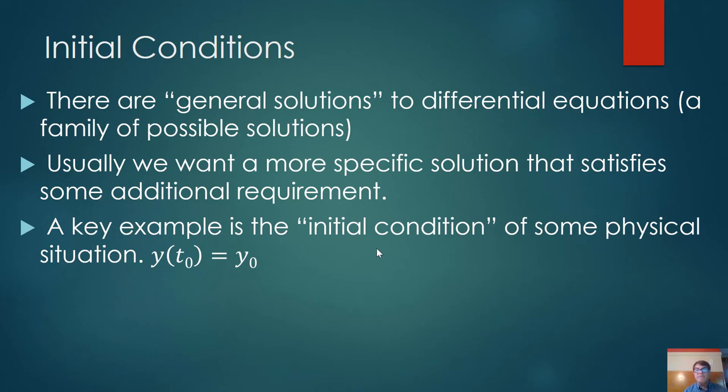Let's say you're doing some physical situation like population growth, or the motion of something, and you want to know the initial condition, where y of t sub aught equals y sub aught. Aught is a fancy name for 0, t sub 0, y sub 0, however you want to say it. But we want to know the initial condition, and sometimes that helps lock a differential equation out of many possible solutions to the one solution that works in this particular case.